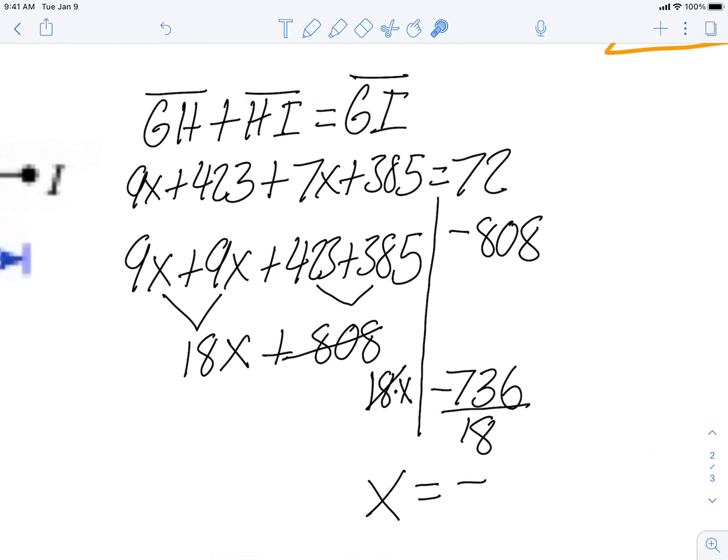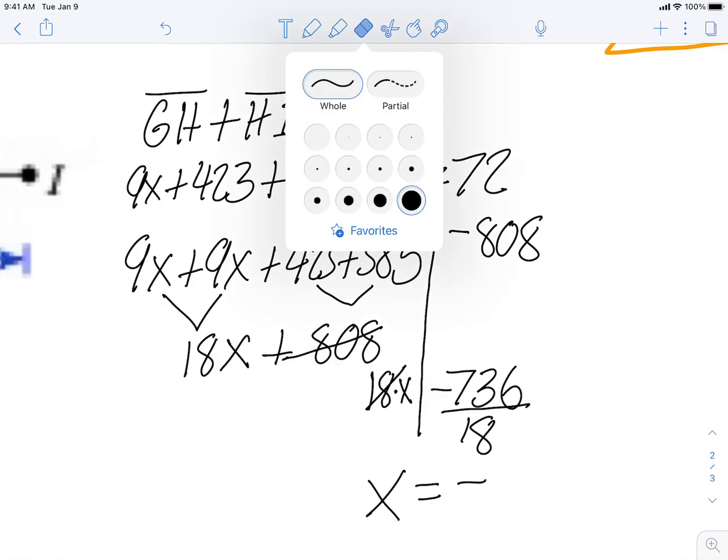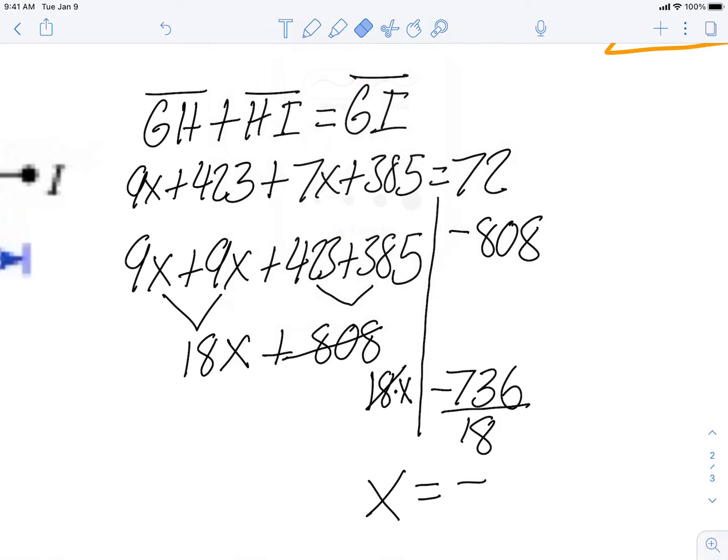Let's fix it. Let's fix it right now. You know, mistakes happen. What are you going to do? Oh, well. So, let's erase right here, let's write a 7. So that means that 9 plus 7 is 16x, right?